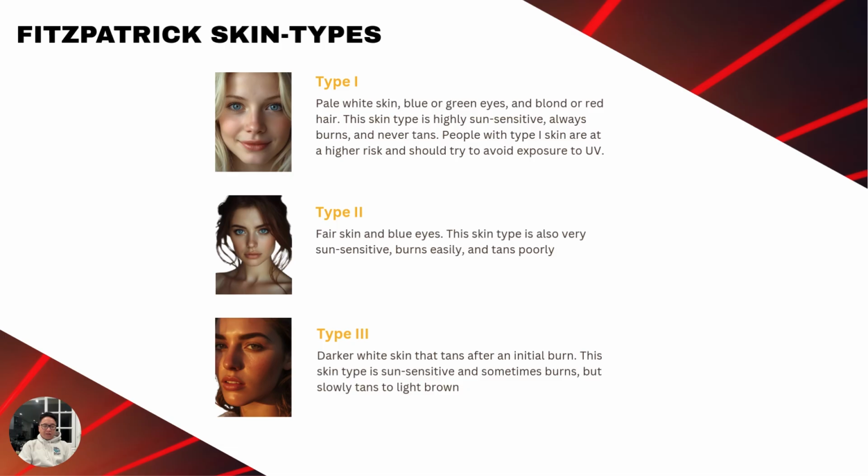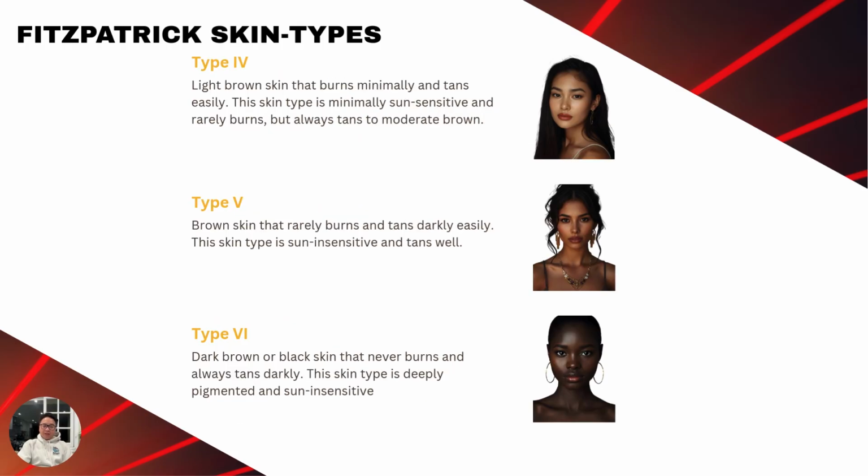These are the easiest to treat and will cause fewer complications and injury because of their lack of pigment, which will allow you to set your parameters higher compared to types 4 and 6.